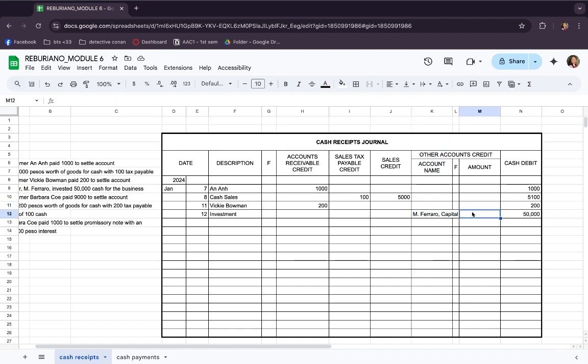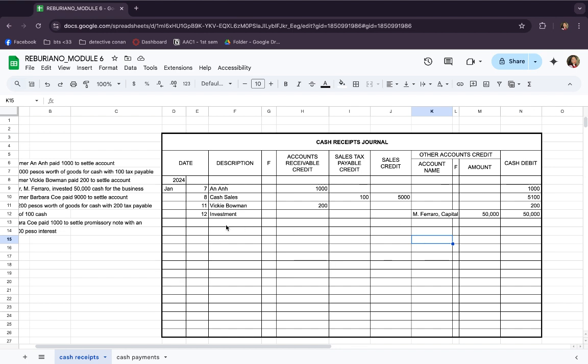Anyways. Amount is 50,000. So, we still have a normal debit and credit, because cash is debit. Remember, to understand this more easily, just write the journal entry first, or think about what the journal entry is for this particular transaction, and then put it here in the cash receipts journal.